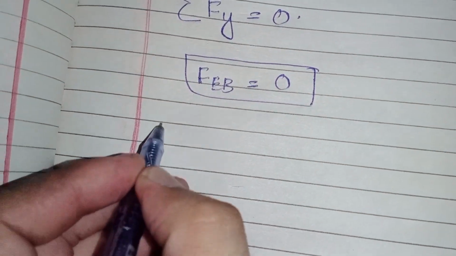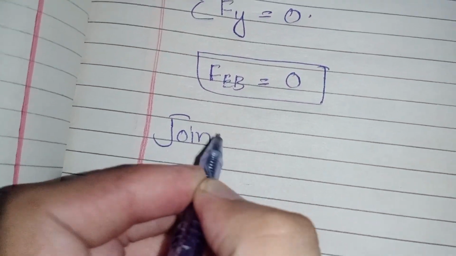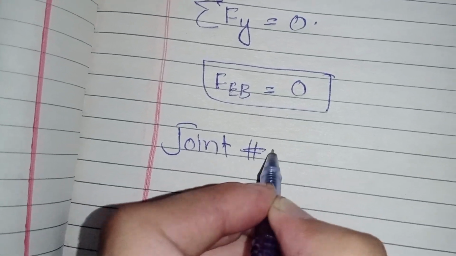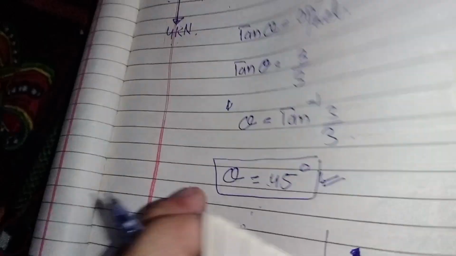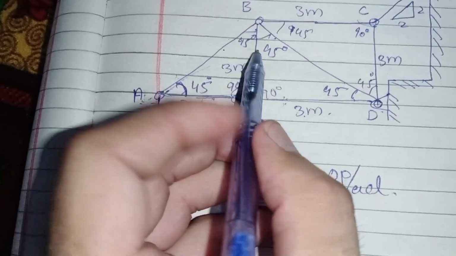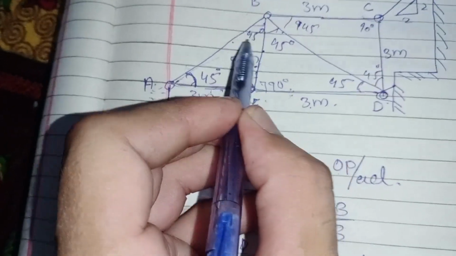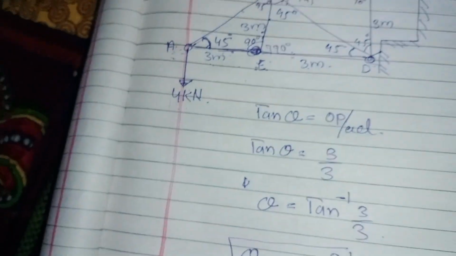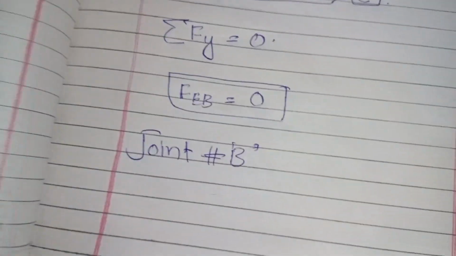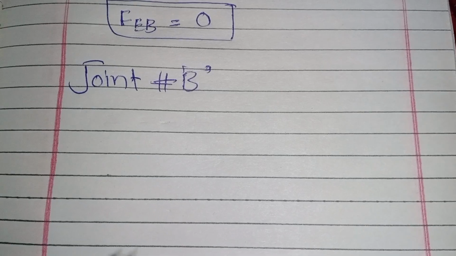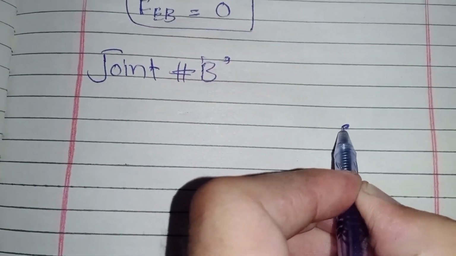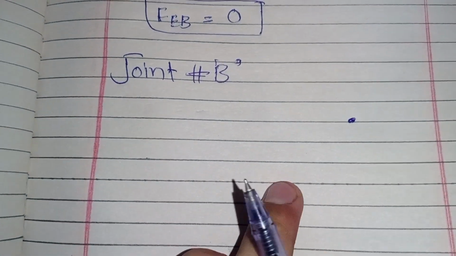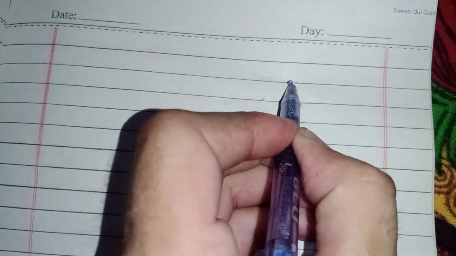Now I analyze joint B, because in joint B there is one known force. This is also a known force. These two forces are unknown. Okay. Joint B, I will write it on the next page so it will be easy for me.